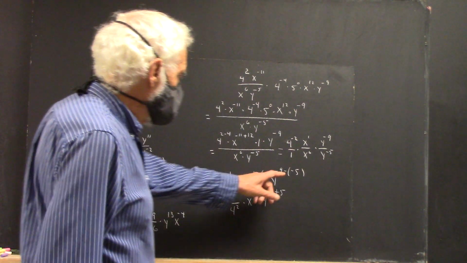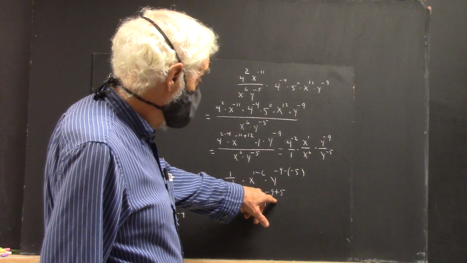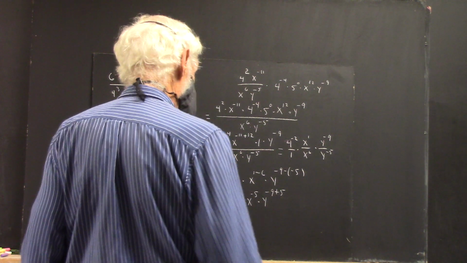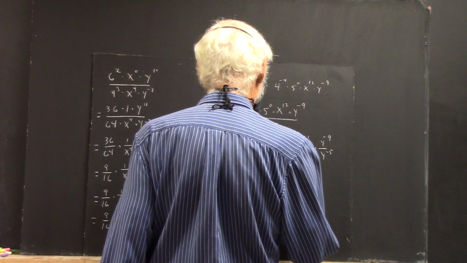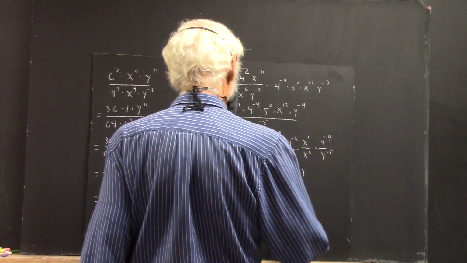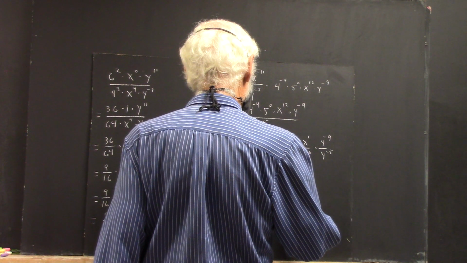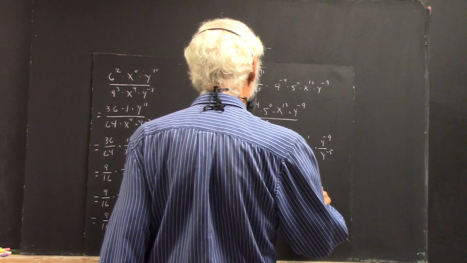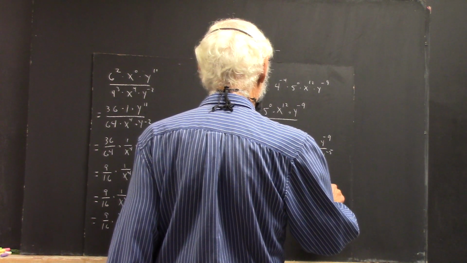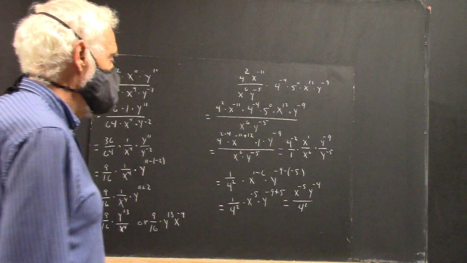I want to be careful about my double negative there, one negative times a negative. So I'm going to write out an extra step. And this is going to then be x to the negative 5th, y to the negative 4th over 4 squared.